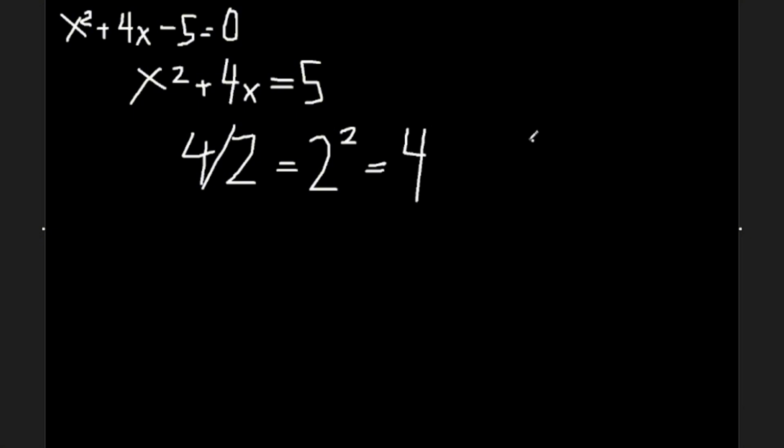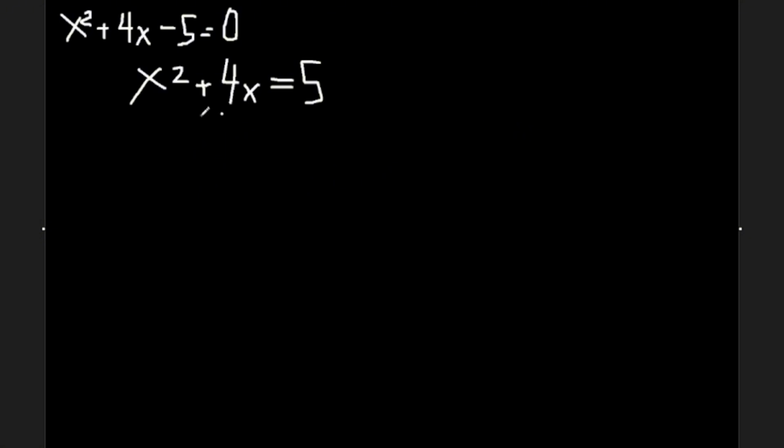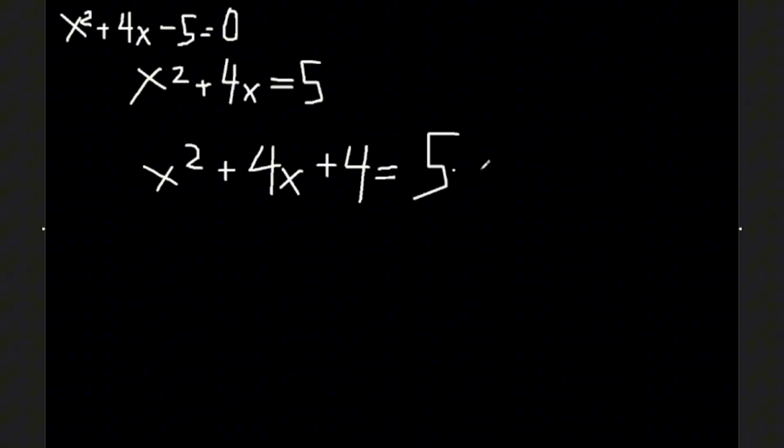And then add it to both sides. x squared plus 4x plus 4 equals 5 plus 4.